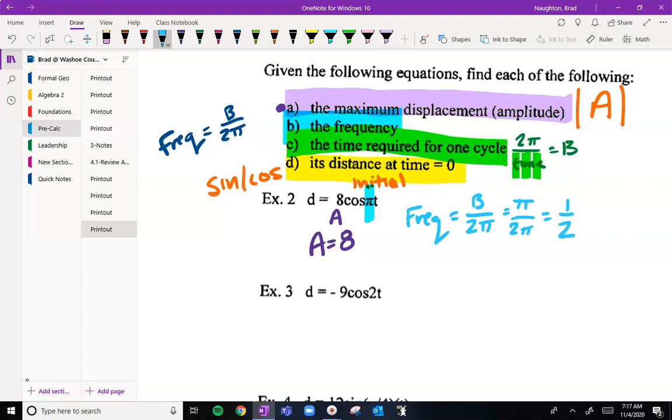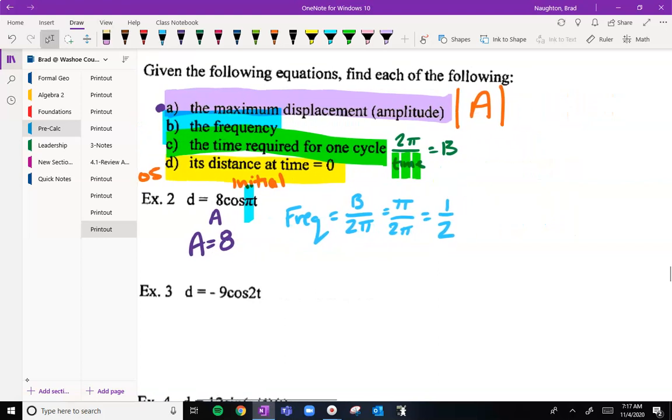Alrighty. Ladies and gentlemen, the time to make 1 rotation. So we're going to do that here in green. So again, it was 2 pi divided by the time t is going to be equal to my B value. So my B value in this case is still that pi. Should have put that B right there. All right. So ladies and gentlemen, I like to do this by cross multiplying because my t is in your denominator.